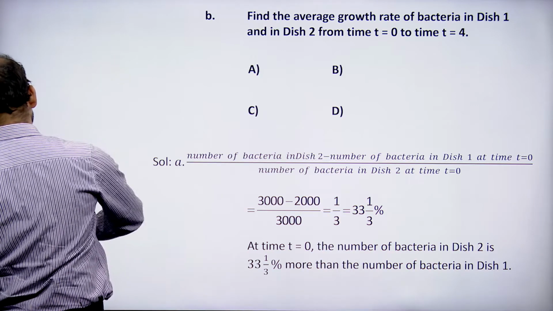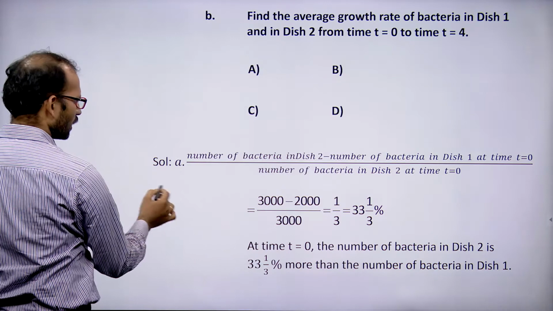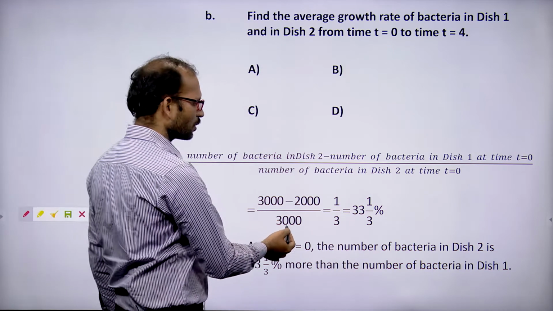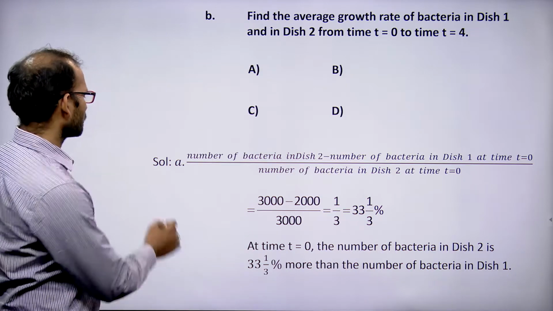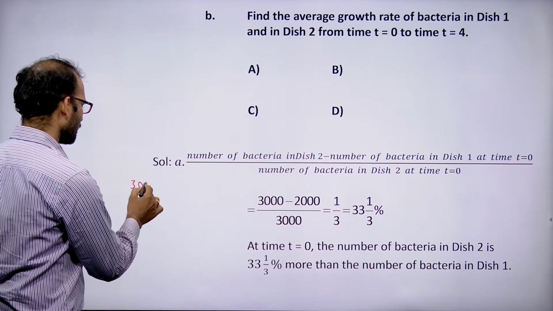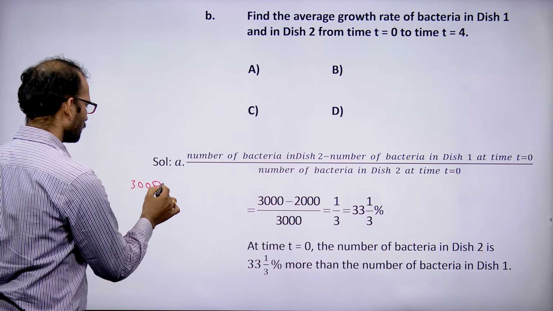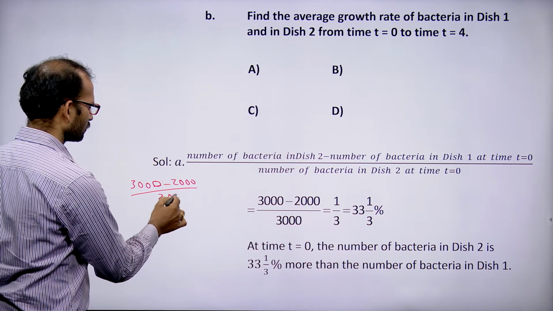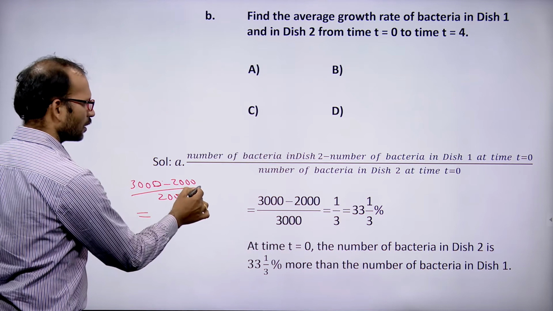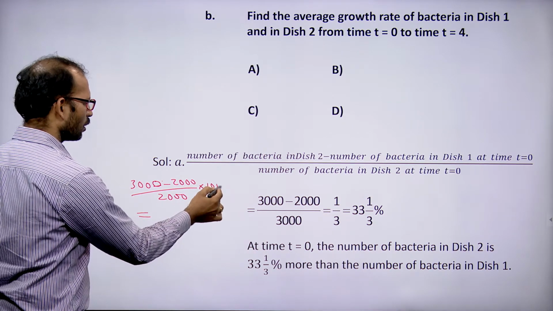Here 3000 minus 2000 by 2000 we should write, that is given wrong. So this is wrong, please write down 3000 minus 2000 by 2000, as discussed earlier, into 100 if you want percentage.